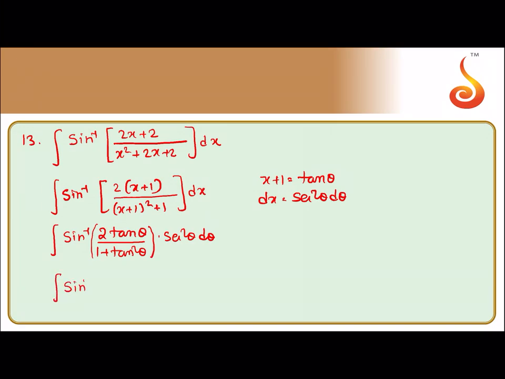This is within the bracket. 2 tan theta upon 1 plus tan square theta is nothing but sine 2 theta. So sine inverse of sine 2 theta into secant square theta d theta. So this is nothing but 2 theta into secant square theta d theta.